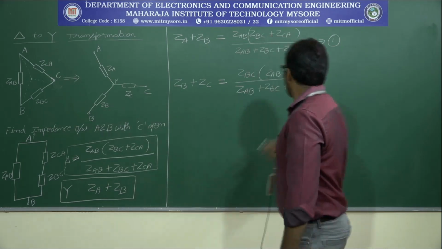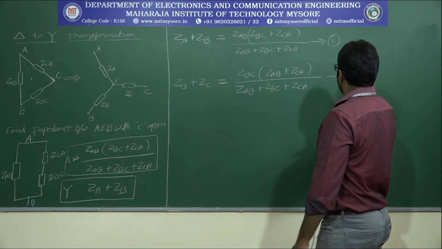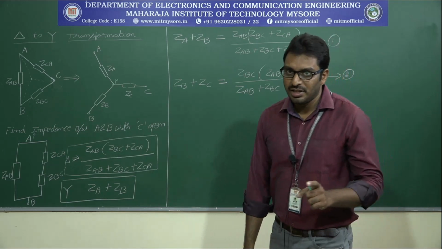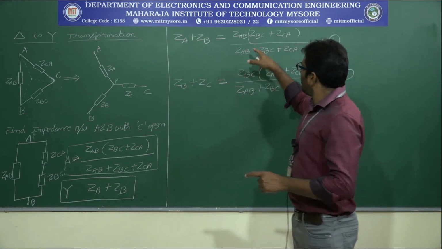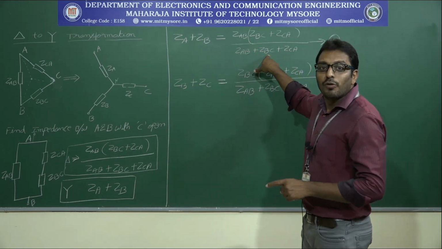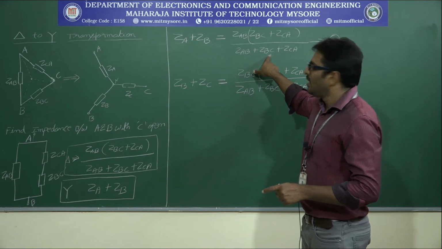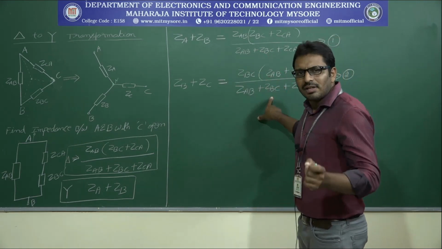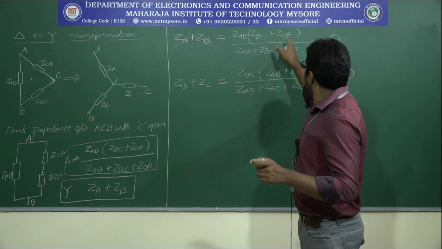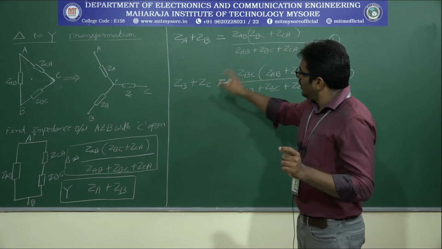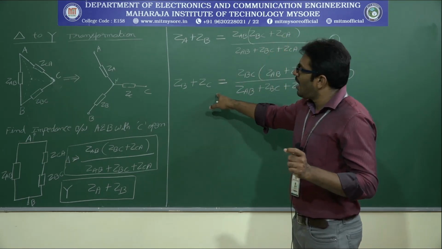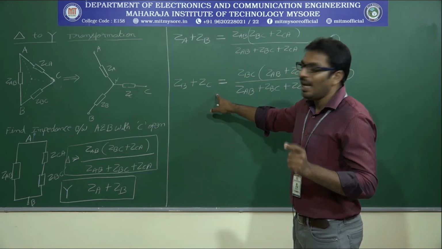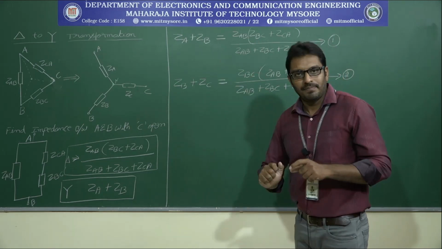Is that clear? Call this equation number 2. Once you understand how to obtain equation 1, equation 2 is the same, but we measure the impedance between B and C with A open.